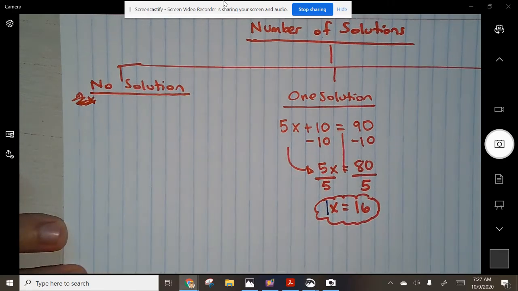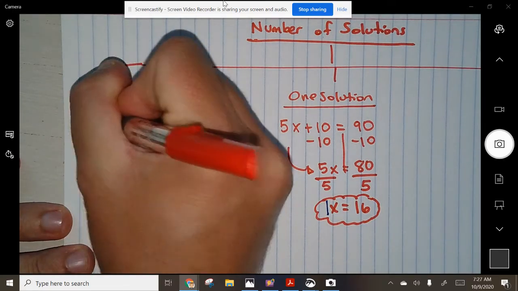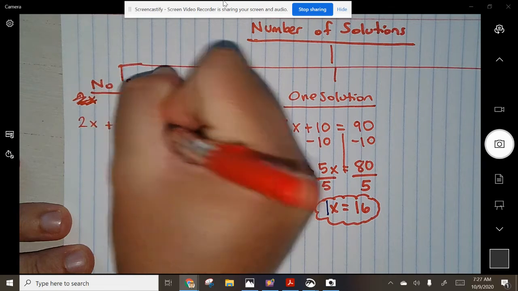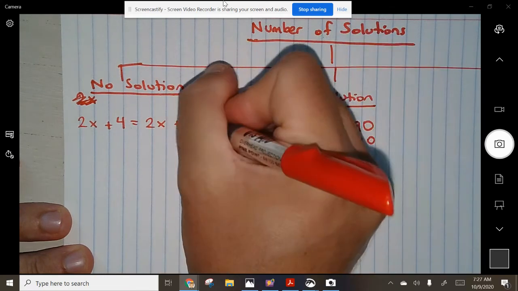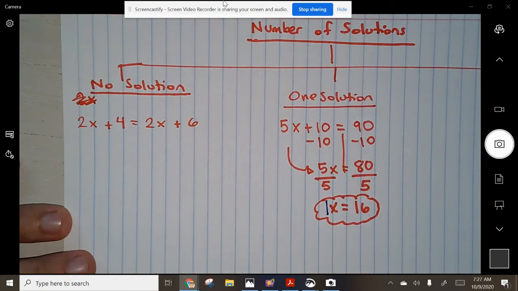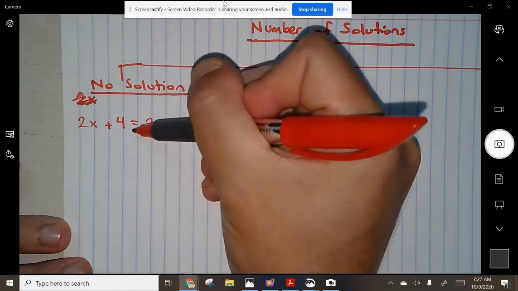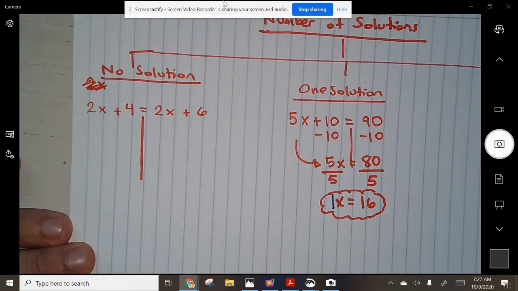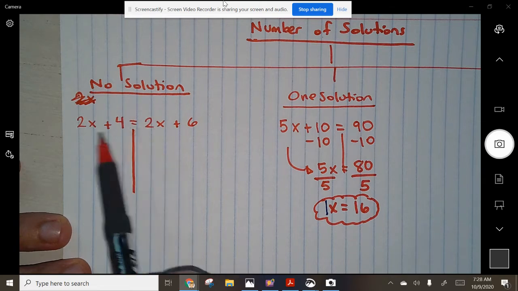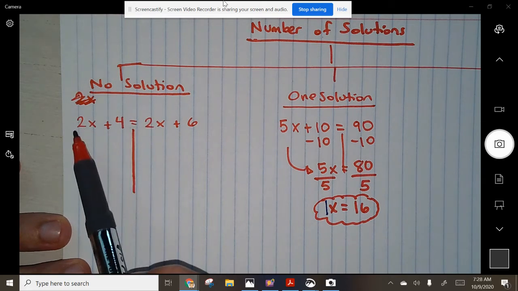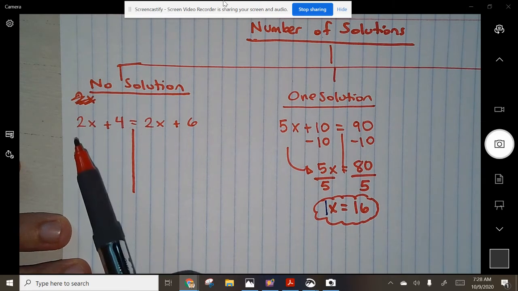So this one will be 2x plus 4 equals 2x plus 6. All right, and the first thing I want you to notice, what do you notice about this equation? And if you notice right away, there's a 2x on both sides. So when I do this next step, it's going to be kind of weird, right?